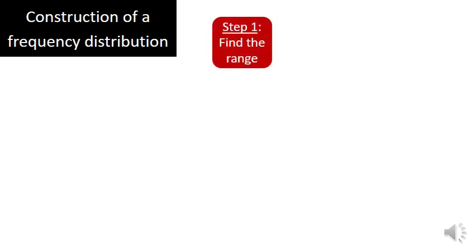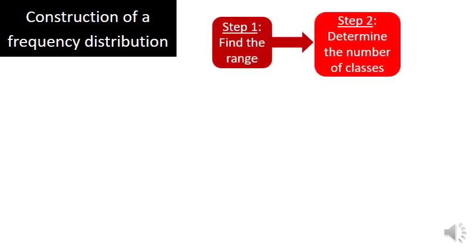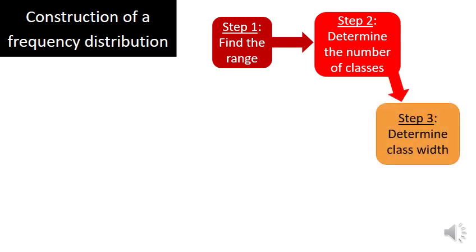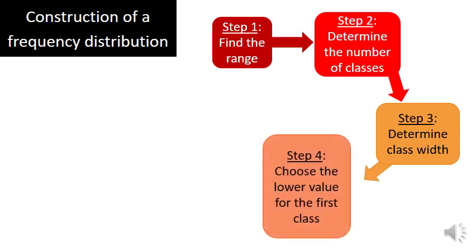So we want to construct a frequency distribution so that we can see patterns in our data. We'll do this step by step, starting with finding the range. After that, we need to determine the number of classes, so the number of rows in our table. After that, we'll determine our class width, and then choose the lower value for our first class.